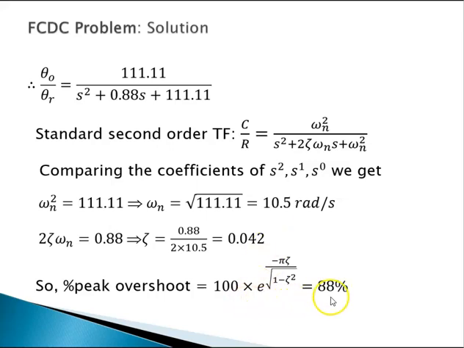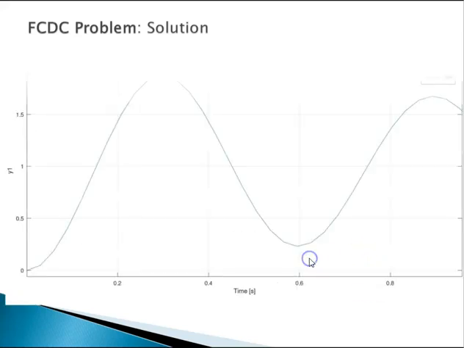For this, consider the percentage of overshoot. This formula we will derive later, but for now remember this to be the formula. Peak overshoot depends only on the damping ratio. It is very lightly damped, so peak overshoot is very large. So we will show that on a graph here.